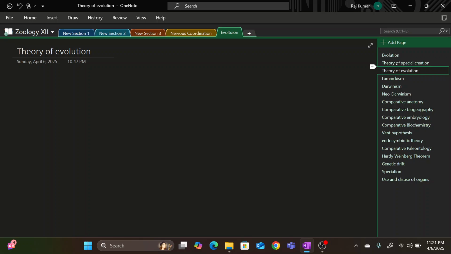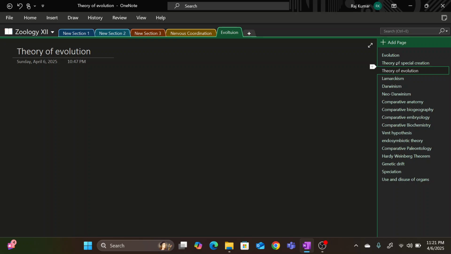Evolution means when there's a change in an organism due to which another organism is formed. And the theory of evolution says that all organisms did not evolve simultaneously, did not evolve through mere chance, or through creation by a single entity.